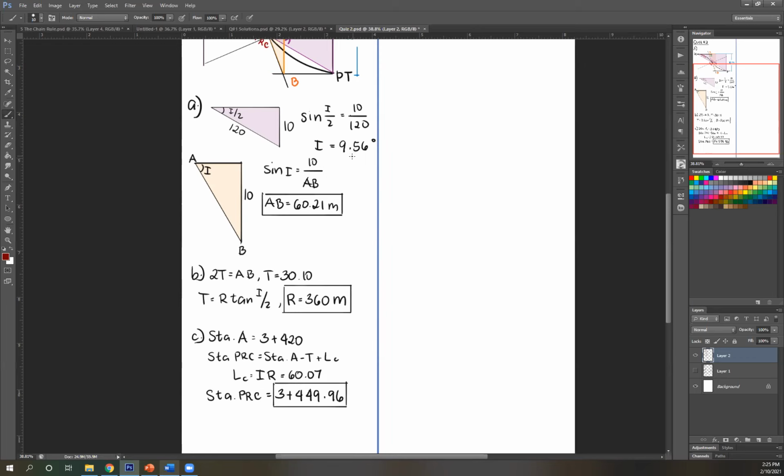So I, 9.56 times pi over 180. Remember, always convert degree to radians if it's outside a trigo function. So 9.56 times pi over 180 times R, which is 360, you're going to get 60.07. And then just use this equation. So 3 plus 420 minus 30.10 plus 60.07, final answer 3 plus 449.96.